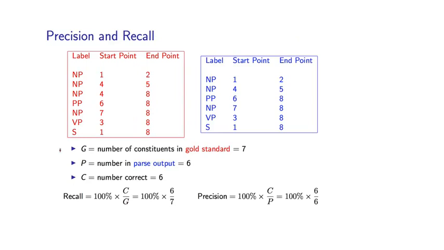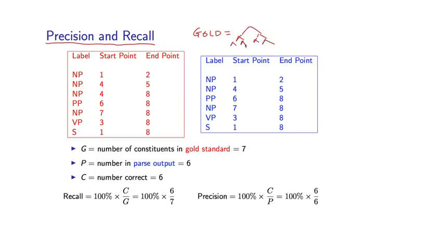So let's now see how we can use this idea to evaluate a parser. And this is through basically calculating precision and recall on these constituents that I've just defined. So let's illustrate this with a specific example. In general, I'll be in the situation where I have some gold standard tree for some test data sentence.